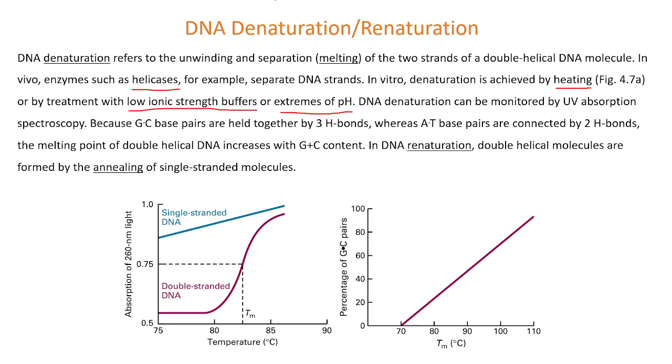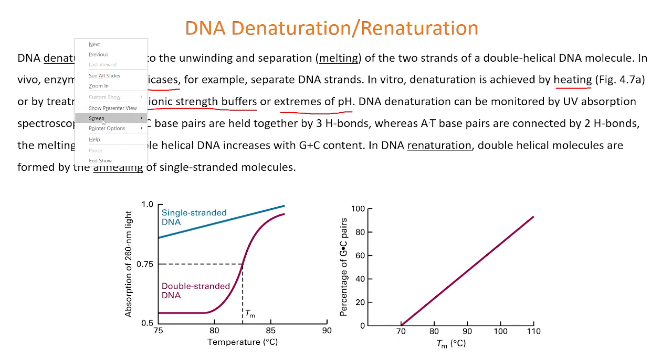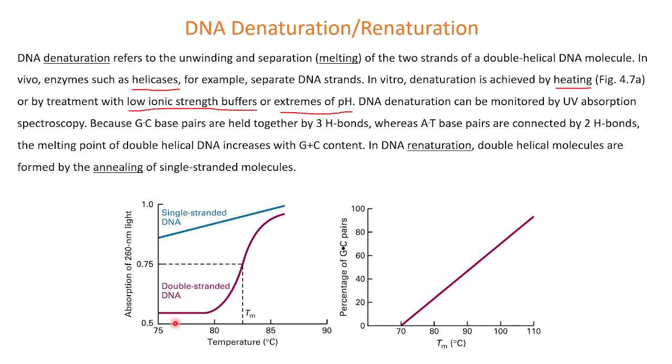So in this graph what you can see is the absorption at 260 nanometer, and on the x-axis you have temperature. This is a double stranded DNA, and as the temperature is increased, say your melting point temperature is at 85, the absorption is constant, and at one point it just breaks open and forms the single stranded DNA, and single stranded DNAs have higher absorption.